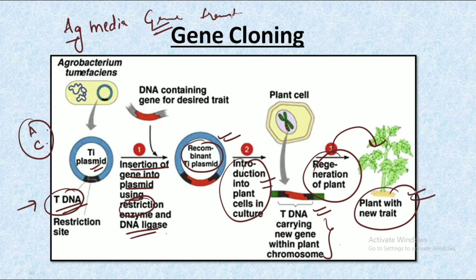So this is the basic mechanism by which the complete gene cloning process takes place. Engineers are changing the auxin and the cytokinin areas by the desired trait, and as a result there occurs a change in the expression of the genes in the plant, and hence a new trait is formed.